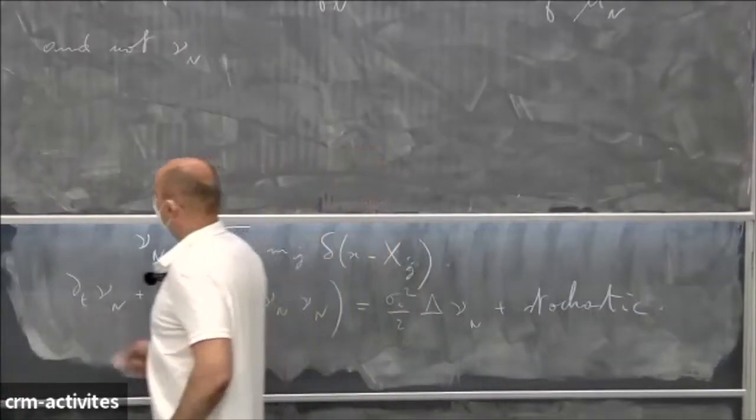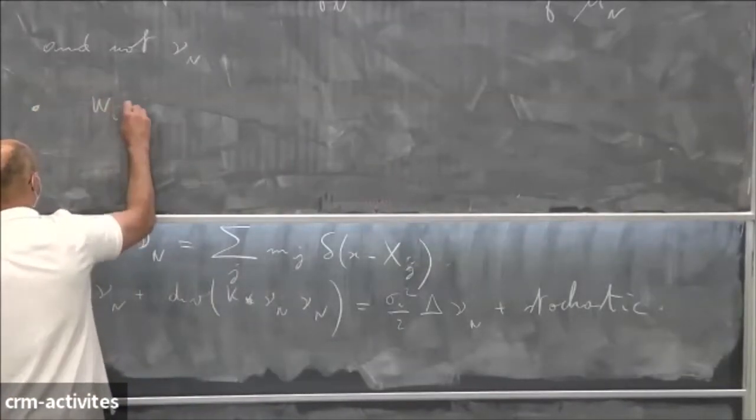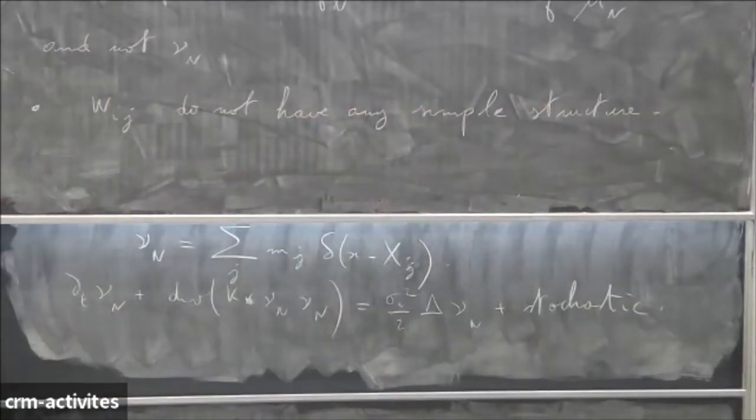What about the case where Wij do not have any simple structure, and I cannot define an empirical measure anymore. Not like that, not easily. The one approach that makes sense, however, is still to try to incorporate this within the state.